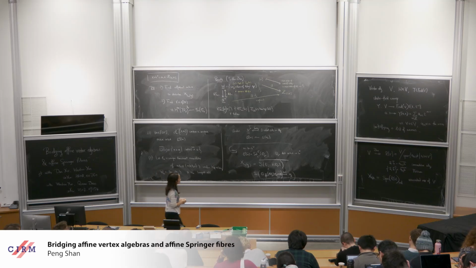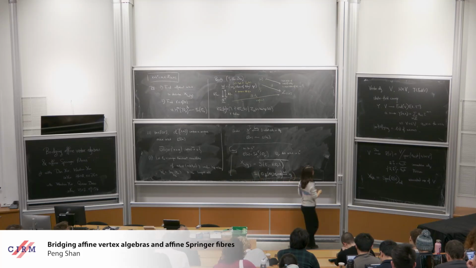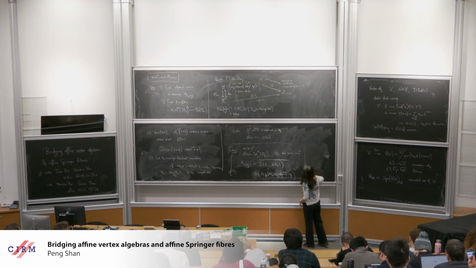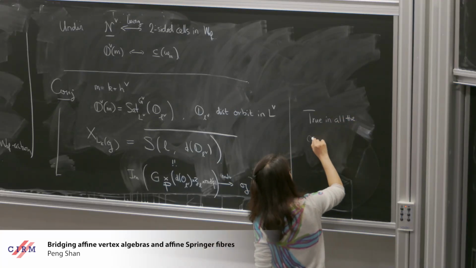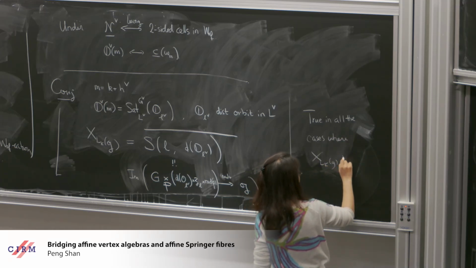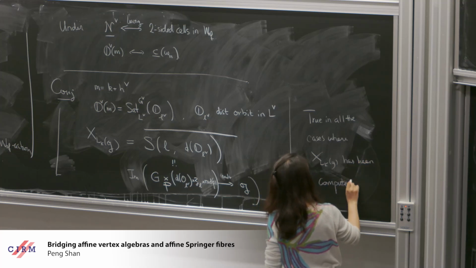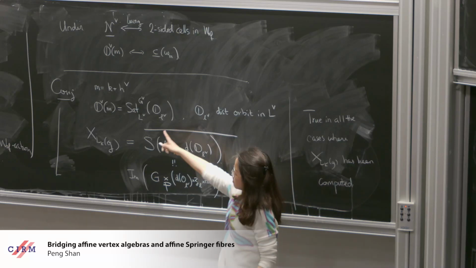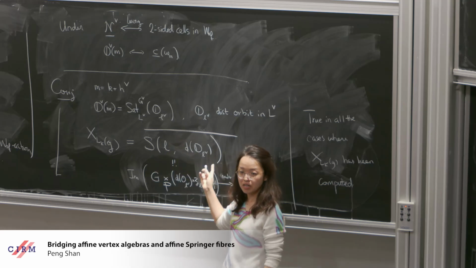So this is interesting because it provides, at least conjecturally, a uniform description of this associated variety which didn't exist before. And we show that this is true in all the cases where X_{L_k(g)} has been computed. So actually, for this conjecture, everything on the right-hand side of the equation is explicit. You give me a g, give me an m, and I can tell you what the right-hand side looks like.